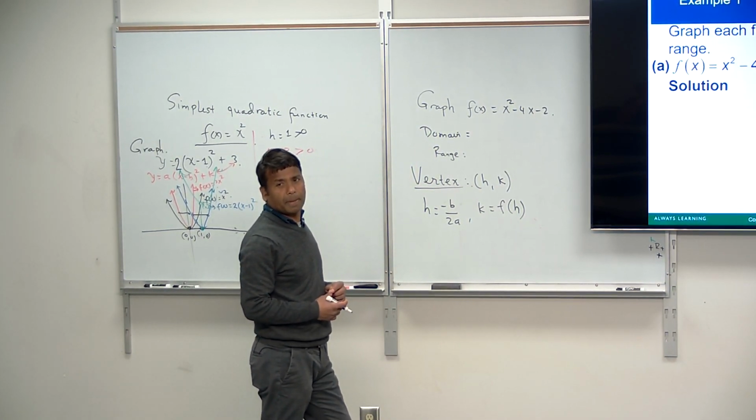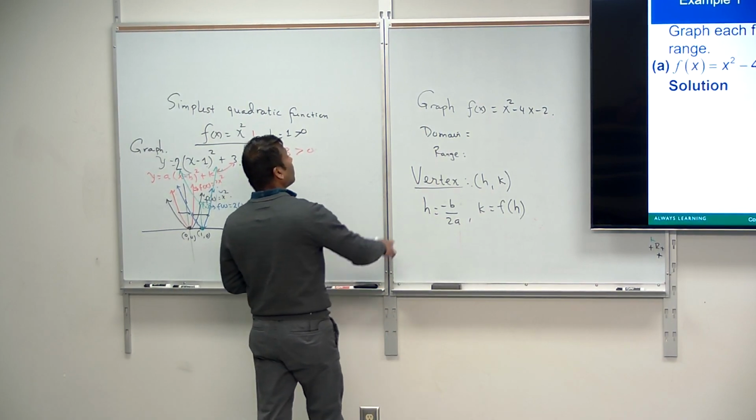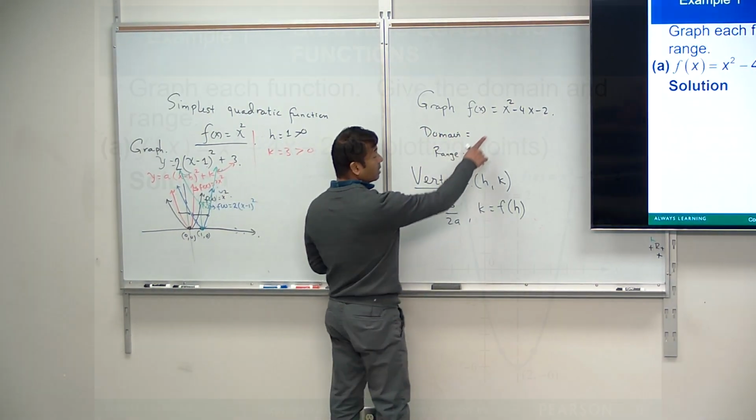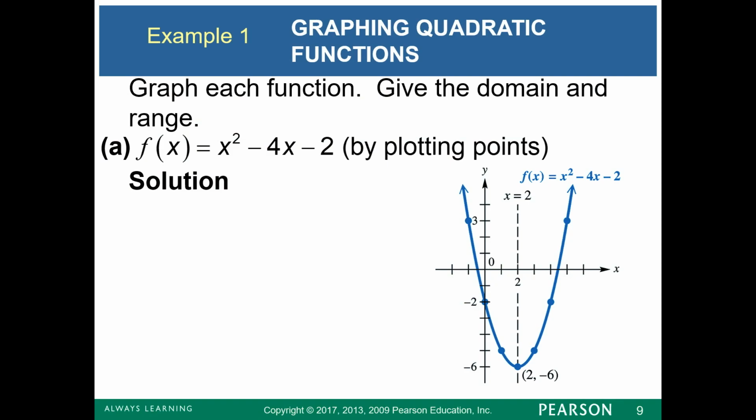See that? So now, if you want to find the vertex of this parabola, this quadratic function, you compare this with f(x) equal to ax squared plus bx plus c. You compare with that one, and so here h equals negative, what is the value of b?